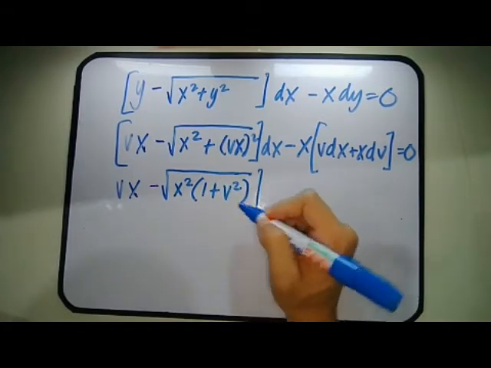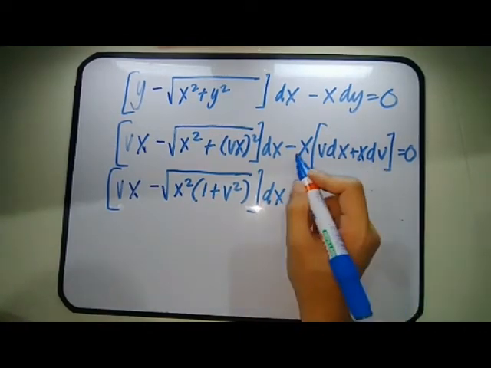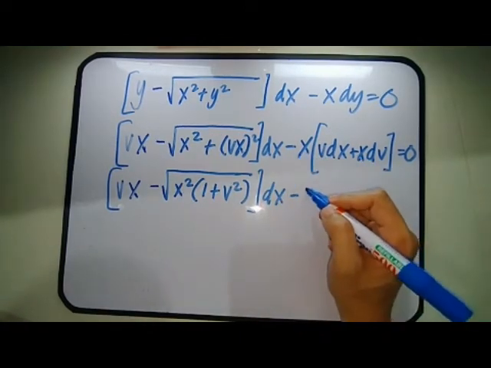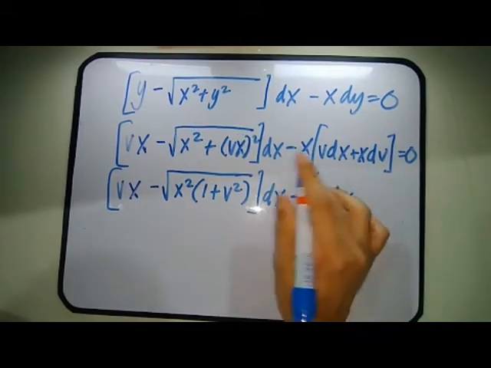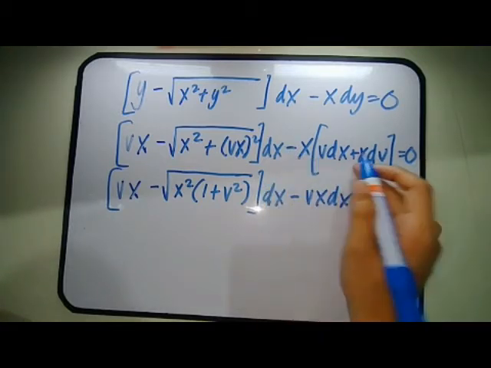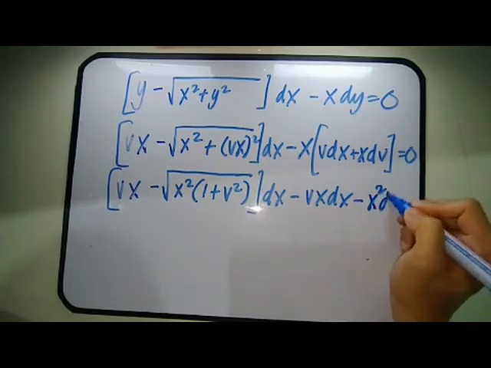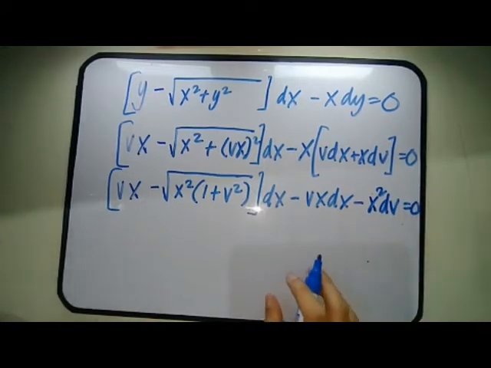So, this is differential of x minus, so you have here minus, so positive. So, this is vx dx. So, negative times positive. So, you need to watch out for this. So, this is a common mistake. So, negative plus times positive. So, negative. So, minus x squared dv equals 0.